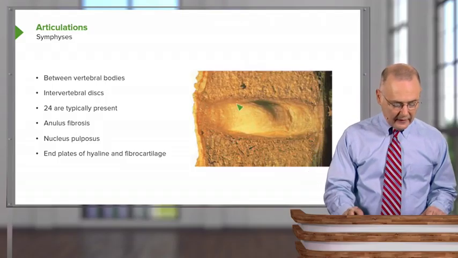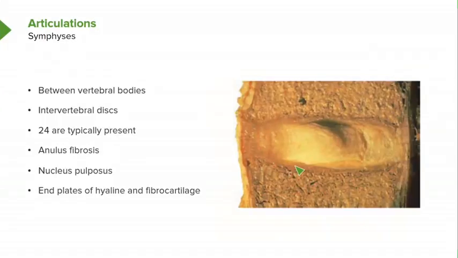An intervertebral disc has an outer ring called the annulus fibrosus, and the tissue that constitutes the annulus fibrosus is fibrocartilage. And then the central component, which is kind of hard to really demonstrate here, becomes less distinct as one ages.